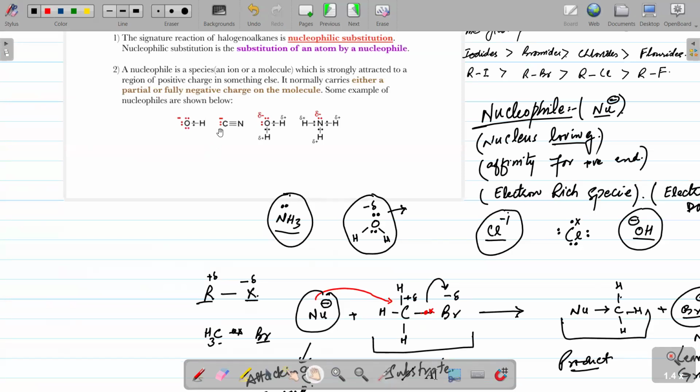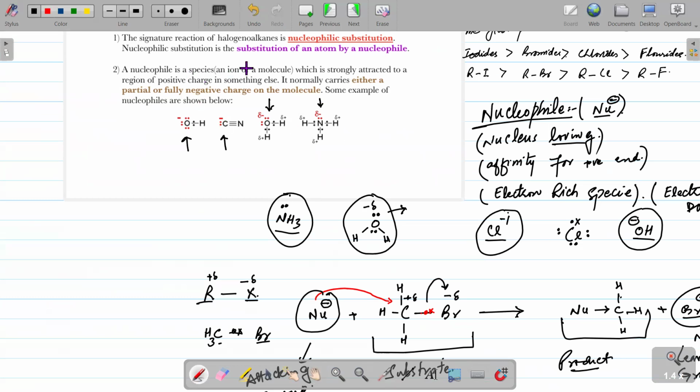Here in this example, the CN negative behaves as a nucleophile, OH negative with an extra electron, water, oxygen has lone pairs so this can behave as a nucleophile, ammonia, nitrogen has lone pairs, so this can also behave as a nucleophile.